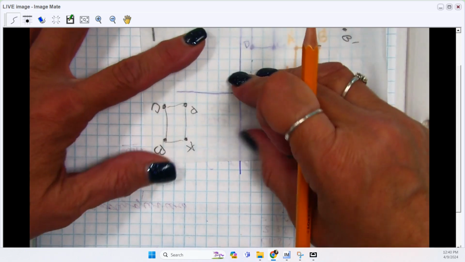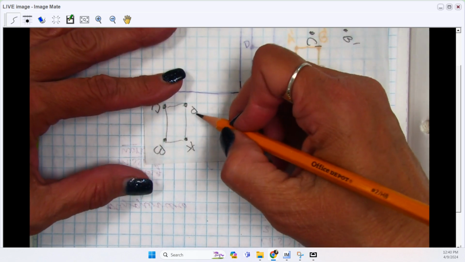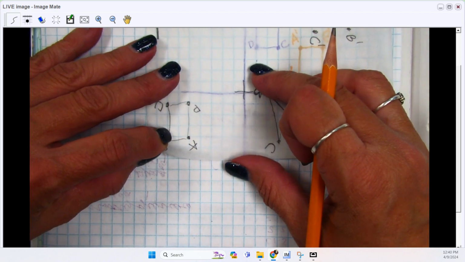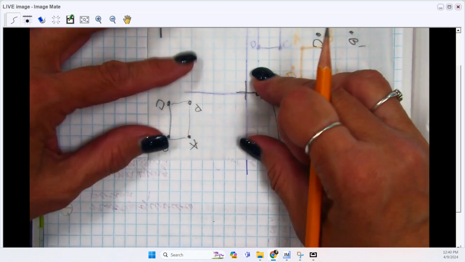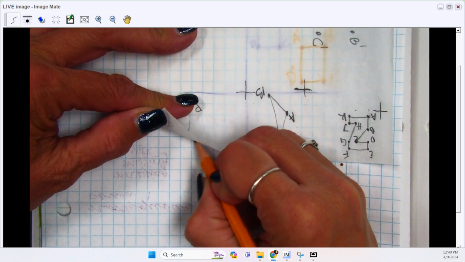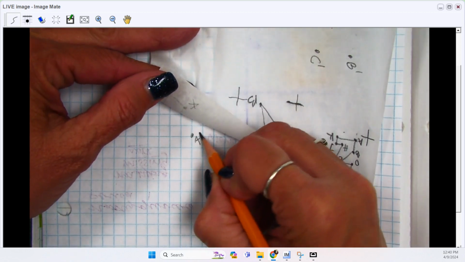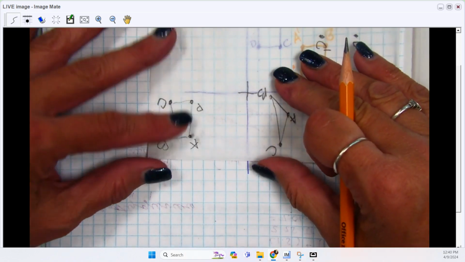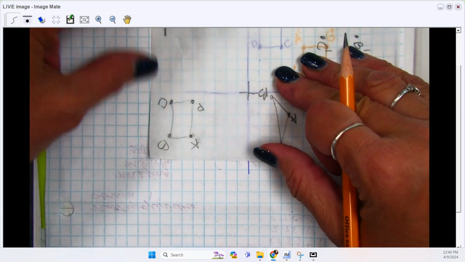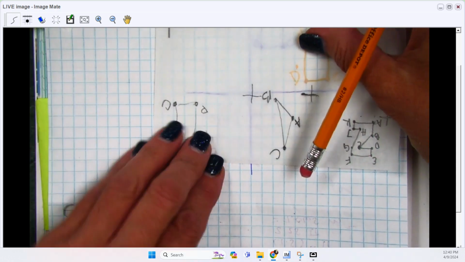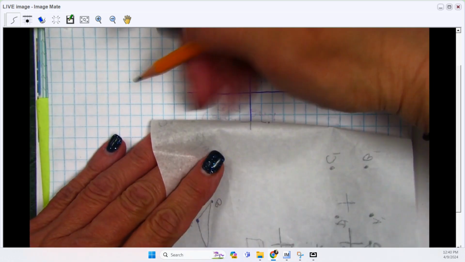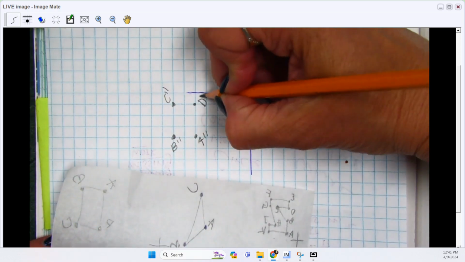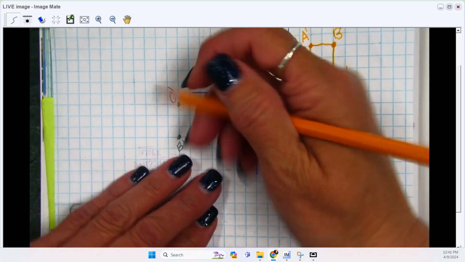Right here. So that's a D. I thought it was a P. Okay. There we go. So I'm going to go right here for my A double prime, here for my B double prime, then C double prime and D double prime. Okay?